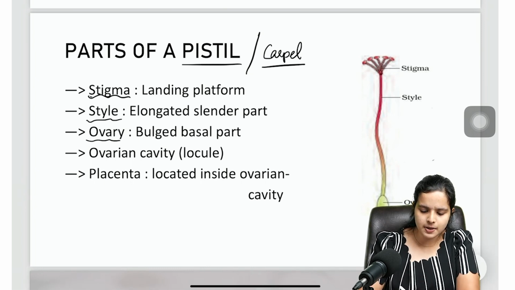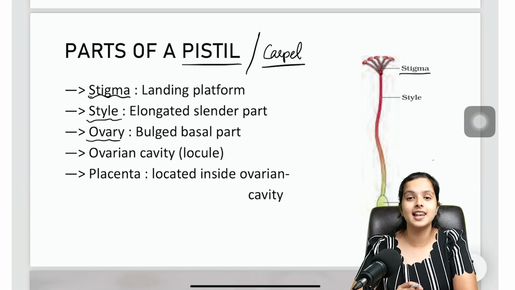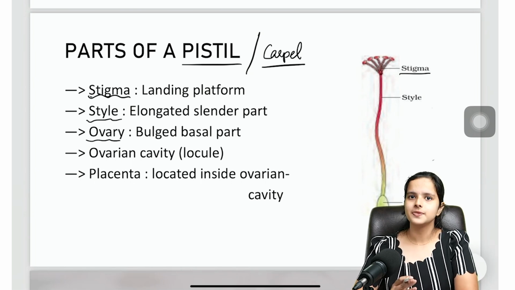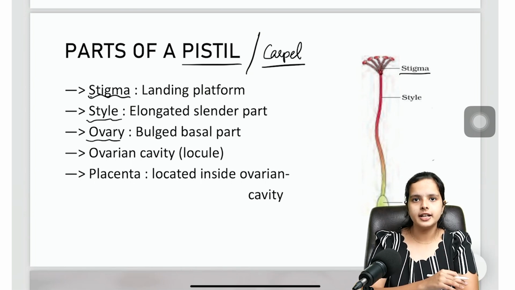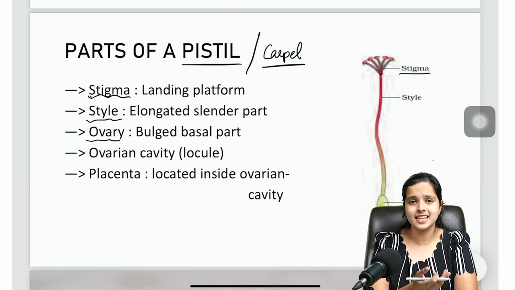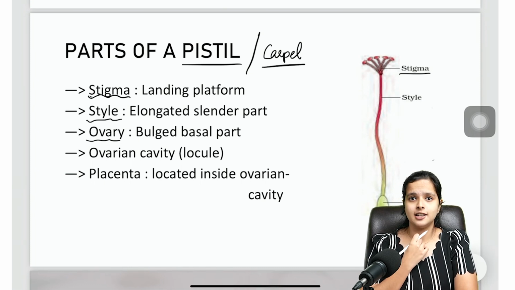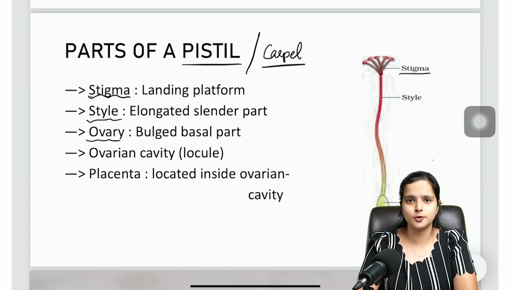So stigma is basically the upper portion. It actually acts as a helipad or a landing pad for a pollen grain. A pollen grain has to come and land on something, right? It will come by air or wind or via insects, and it has to land somewhere. Just imagine a helicopter. A helicopter always needs a helipad to land on, right? It cannot land on the rooftop of houses.